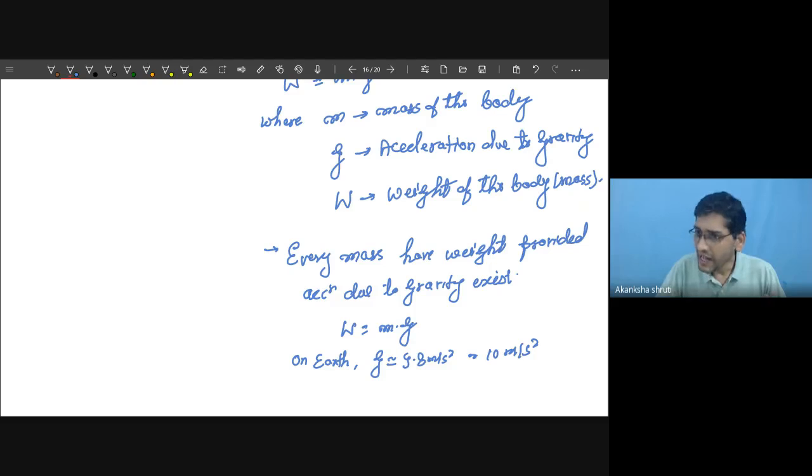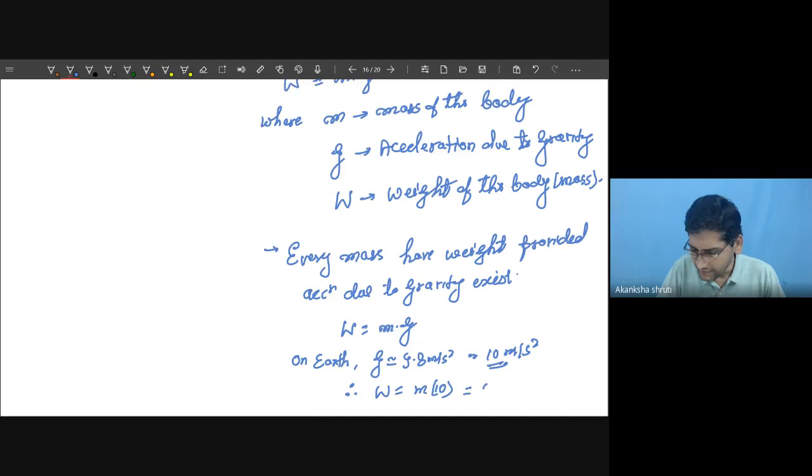Therefore, mass of the body m has the weight which will be 10 times its mass. Therefore, on earth the weight is given by m into g, m into 10. I am just considering this value for convenience.